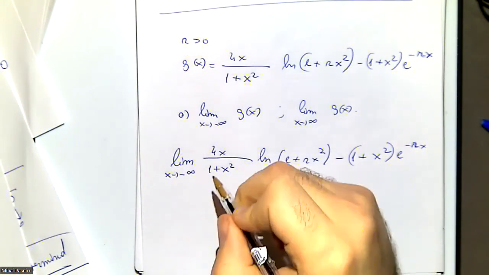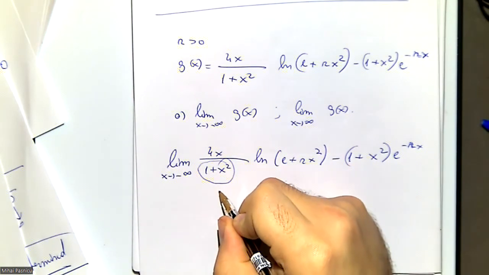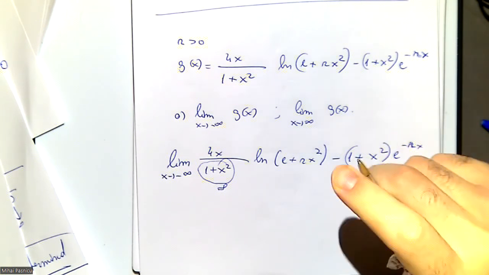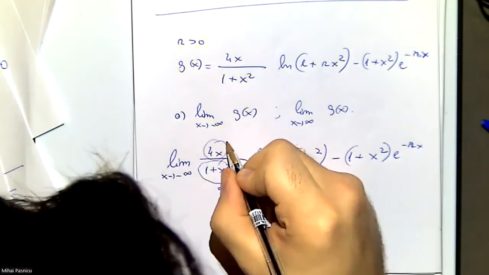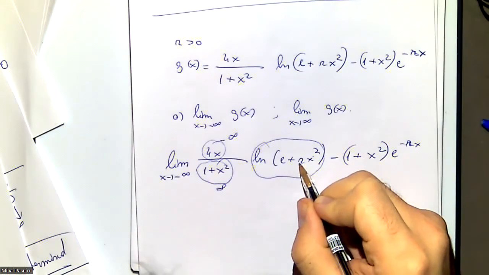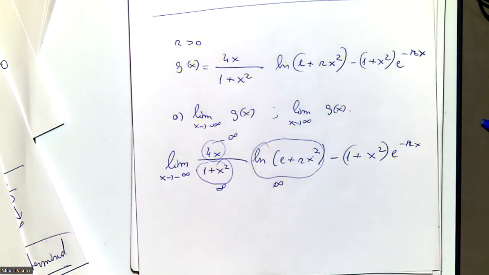Okay, horrible. So this goes to infinity. This thing goes to minus infinity. This thing, x squared goes to infinity, log of infinity is still infinity. This goes to infinity.